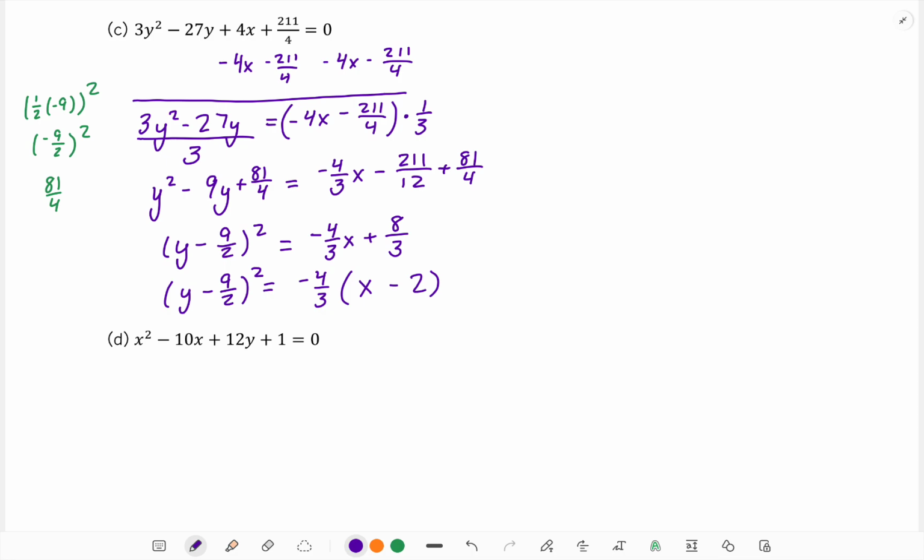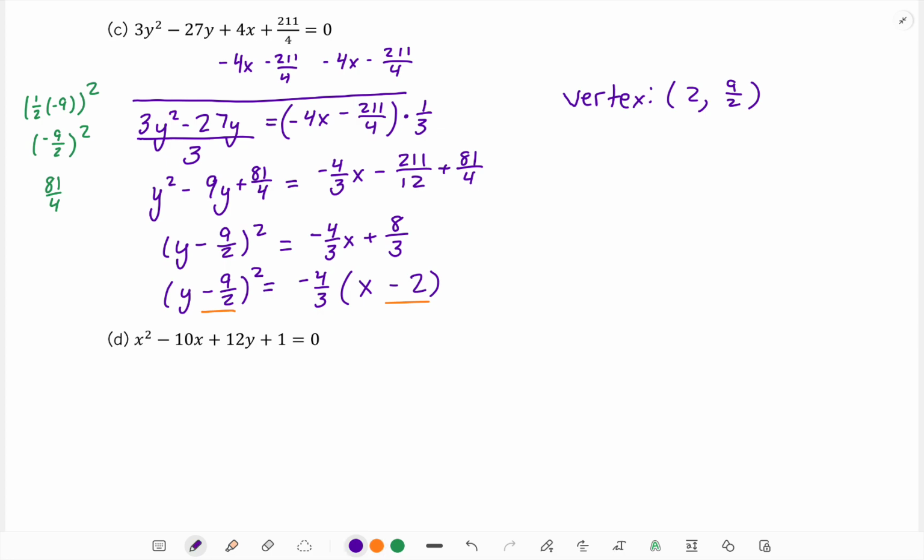Now that it's in standard form, I'm going to go find the vertex first, which is 2, 9/2. So it's the opposite of these two values, with the x value being next to the x and the y value being next to the y.